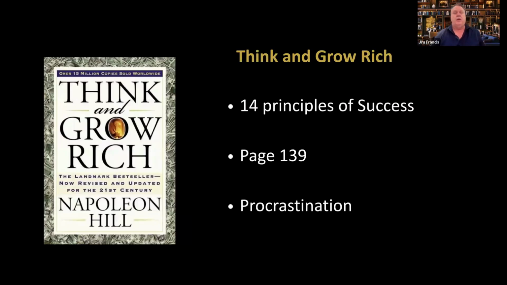Now, I mentioned this last week. One of the reasons I mentioned Think and Grow Rich is 14 principles of success. One of the principles is to make fast decisions and stay with them for a long period of time. There's also a study on page 139, which says they studied 25,000 people that had failed in life and failed in their business. And what they found, the number one reason was procrastination.